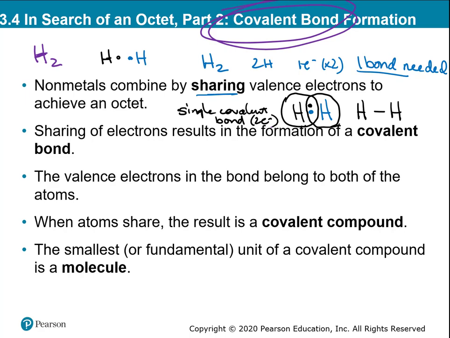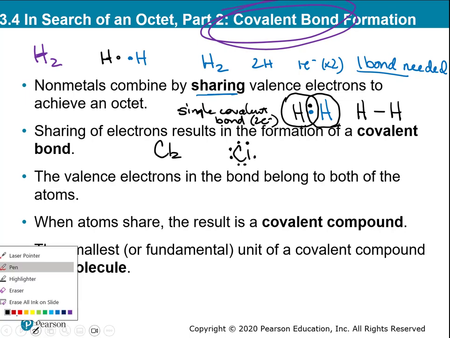Chlorine does the same thing. Chlorine, which exists as Cl2, remember, has 7. 1, 2, 3, 4, 5, 6, 7. It's in group 7, so I've got 7 dots. Remember that you never put more than 2 on any side. So 2 up, 2 down, 2 to the left, and we'll just put 1 on the right for this one. But chlorine exists as Cl2. It's called a diatomic element because it always exists in a pair.